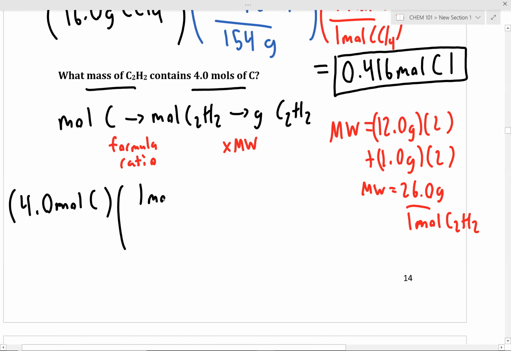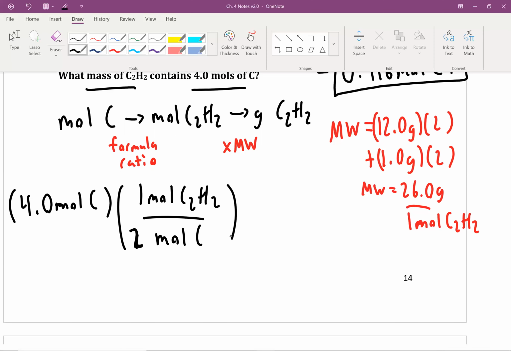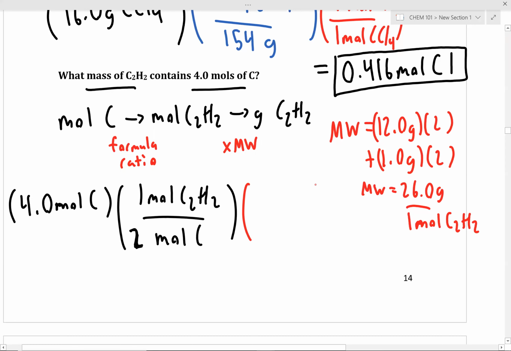So in 1 mole of C2H2, we have how many moles of carbon? How many carbons do you see? 2. Now, to finish off this problem, if we're going from moles of acetylene, which is C2H2, to grams, what units need to go on top?